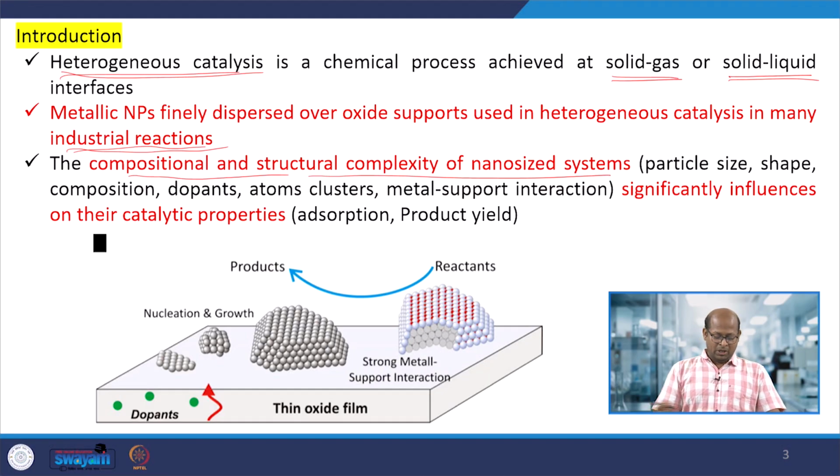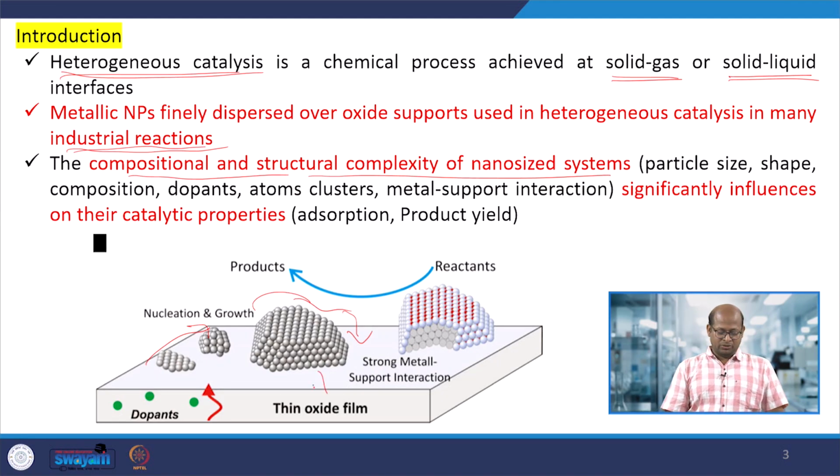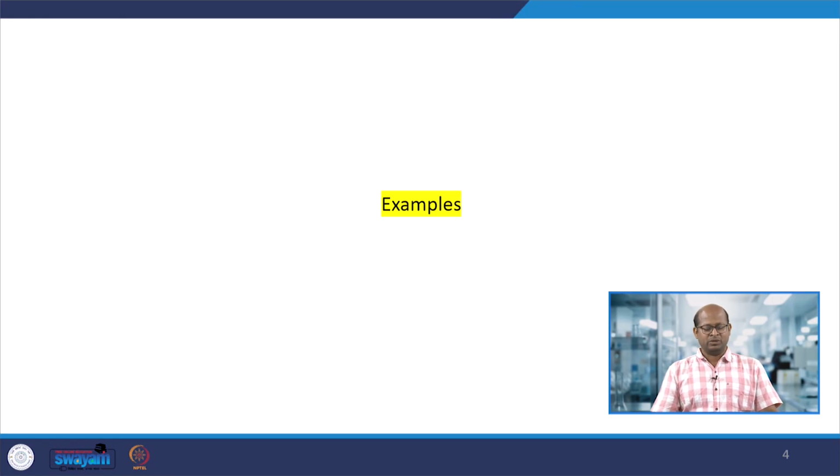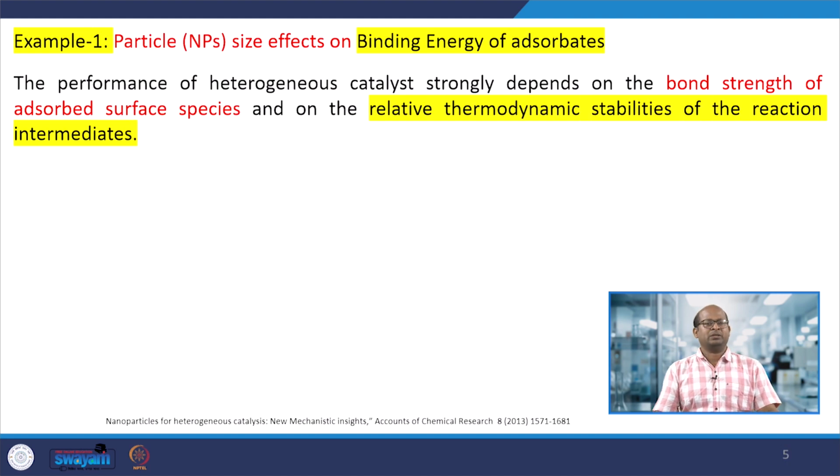Here you can see one schematic showing the growth of materials. The catalyst or particles that form would be strongly bonded with the support material that is used when it is prepared, and depending upon that the reactants will be converted. A specific nanomaterial and specific products may form depending upon the materials we have prepared.